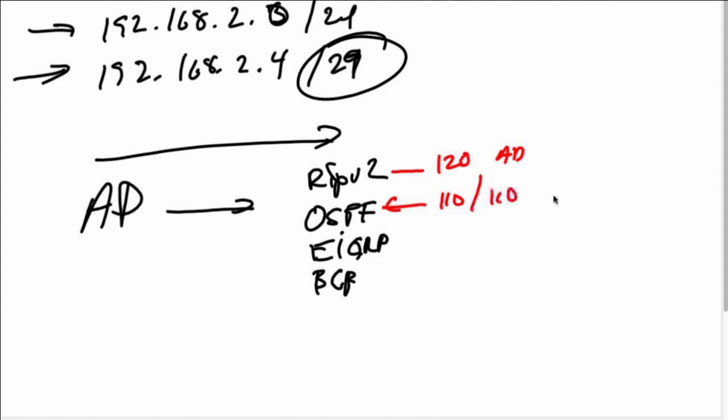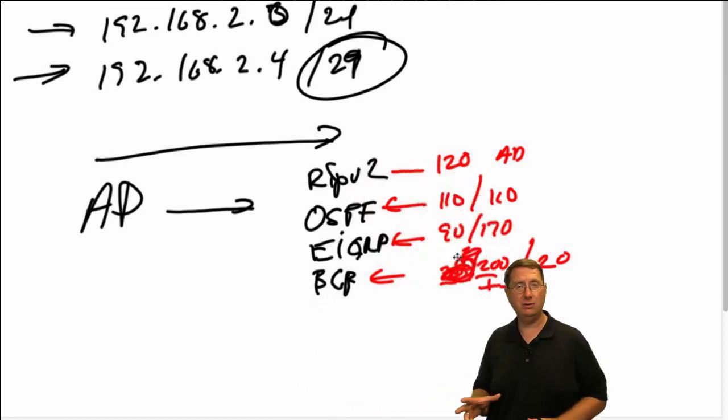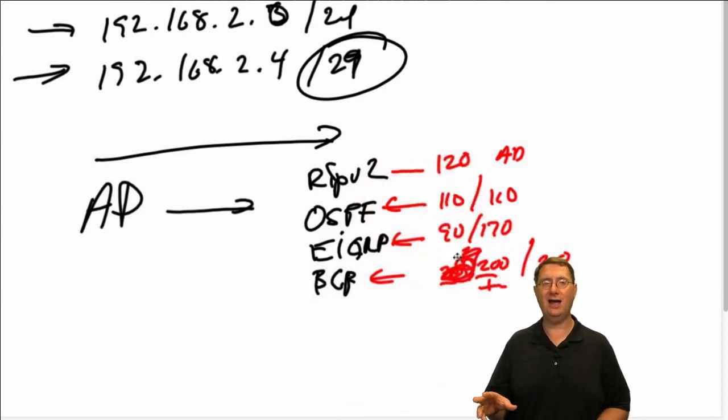For external prefixes, it's going to be 110. For EIGRP, it's going to be 90 and 170. And for BGP, it's going to be 20 and 200. So 20 for, I'm sorry, I got this backwards. It's going to be 200 for an internal prefix, but for an external prefix, it's going to be 20.